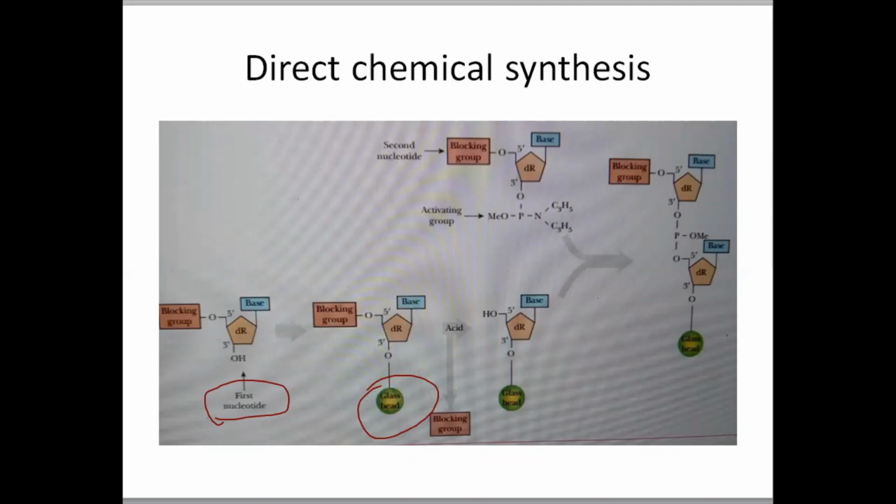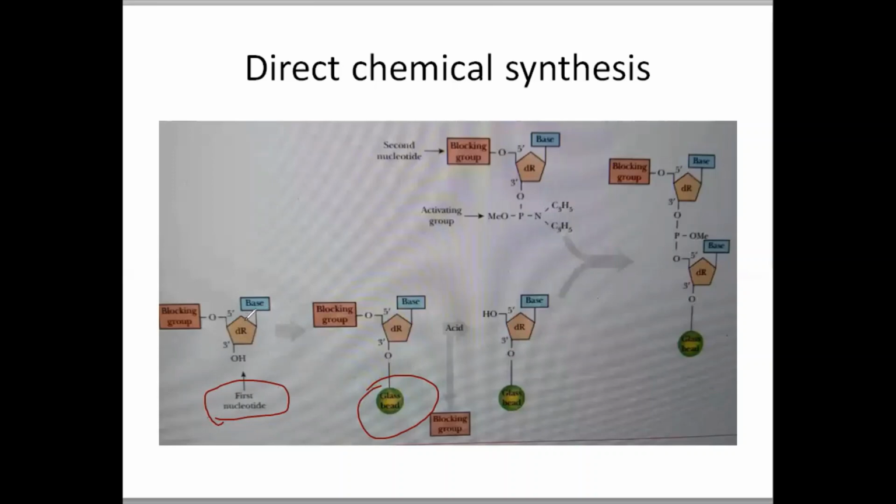Till here, I think most of the things are clear. Now, what happens? There are many beads held in the column so that the reagents can be washed and removed easily. That's the main reason we add the glass bead. Each nucleotide is added as its phosphoramidite. What does this phosphoramidite do?